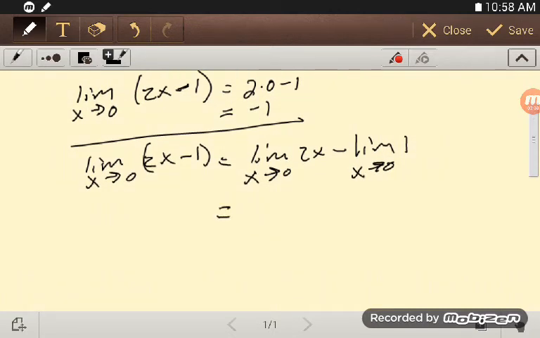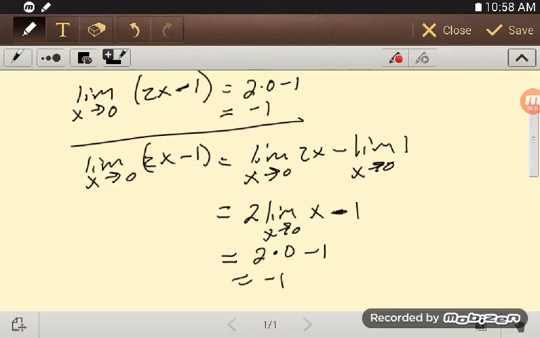And then I can factor the 2 out, 2 times the limit as x goes to 0 of x. And then the limit as x goes to 0 of the constant 1 is just 1, and so we get minus 1 there. We get 2 times, now here the limit as x goes to 0, we know that that's 0, so times 0 minus 1, and we get the minus 1. So there we're using our various properties of limits and so forth.